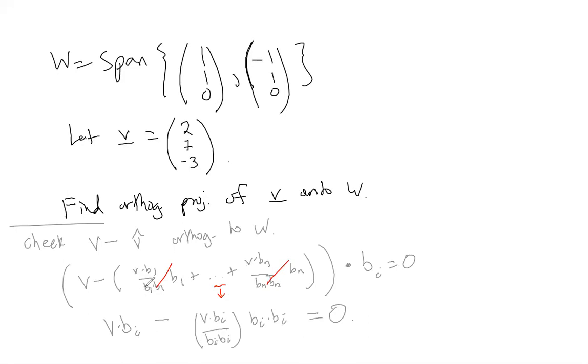So that's kind of why this is the formula, just because it's exactly what it needs to be so that the difference is orthogonal. Right? This is the defining property. So V hat's exactly what it needs to be so that this difference is orthogonal to W. Okay, that makes sense. Mm-hmm. So if you wanted to figure out these coefficients, you could keep them all arbitrary and then solve for them, and you'd get Ci equals this. Kind of the same way. Okay, let's do this example.